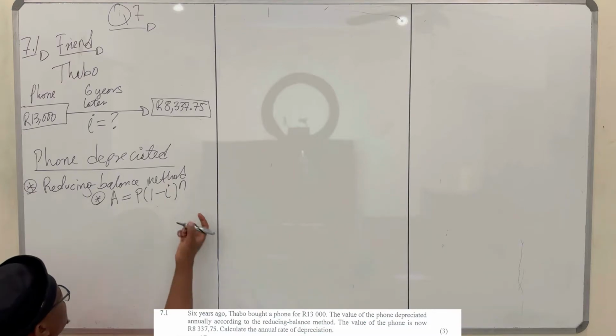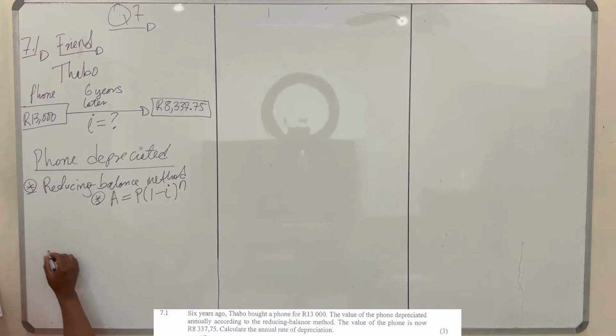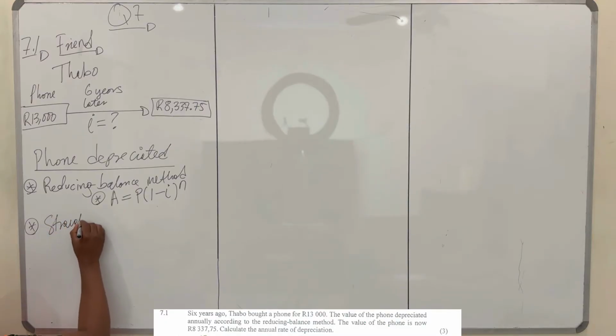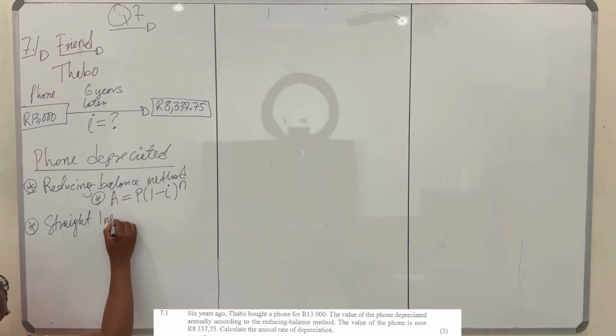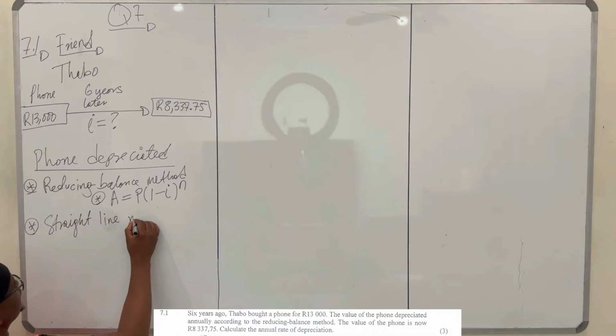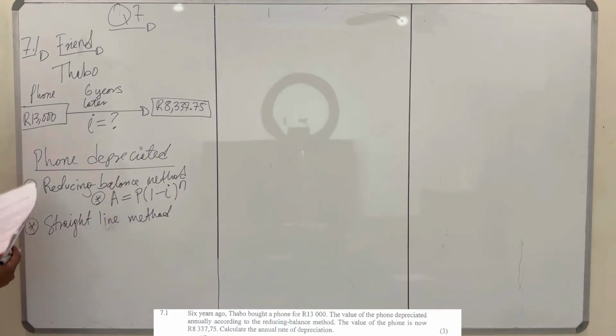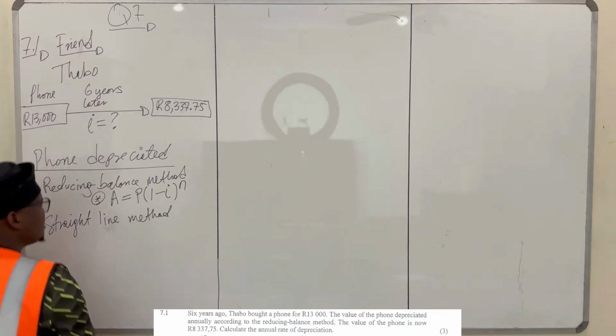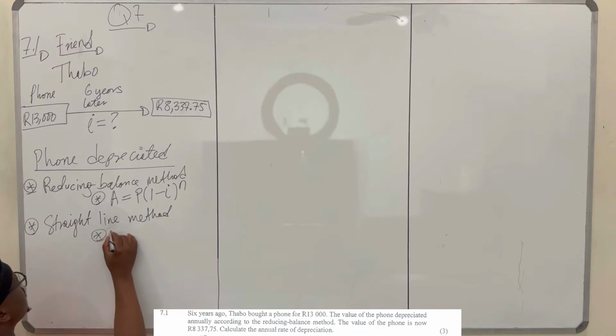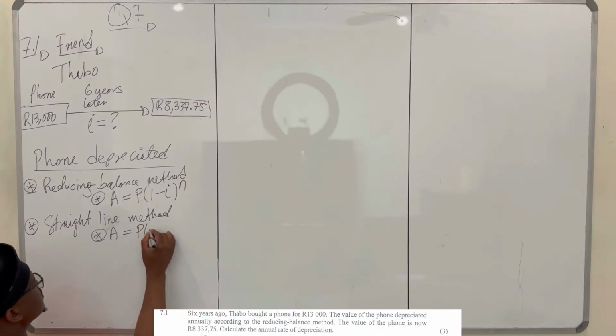I'll explain the A's and P's shortly. Or you can depreciate at a straight line method. So your phone can depreciate at reducing balance method or straight line method. And if it's depreciating at a straight line method, here's the formula for your straight line method.